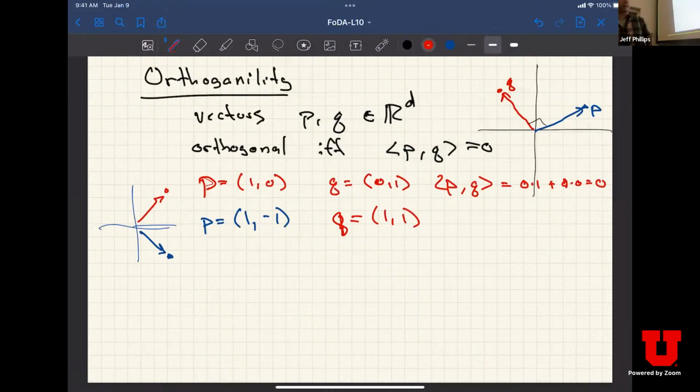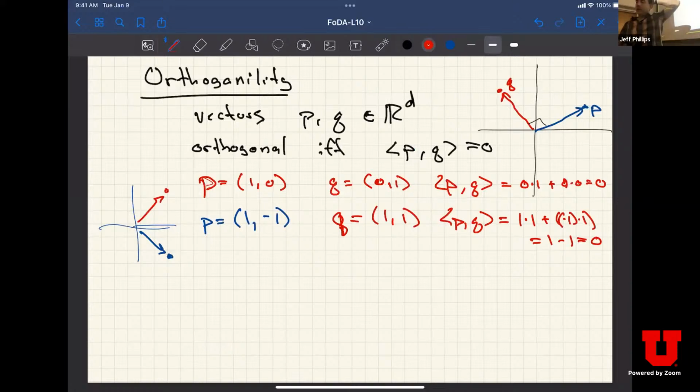Okay, let's see if the dot product is 0. I have 1 times 1 plus minus 1 times 1, and this is equal to 1 minus 1, and that's 0 also. Okay, so these are also going to be orthogonal to each other. Okay. So these are pictures in 2 dimensions. This applies in much higher dimensions as well.